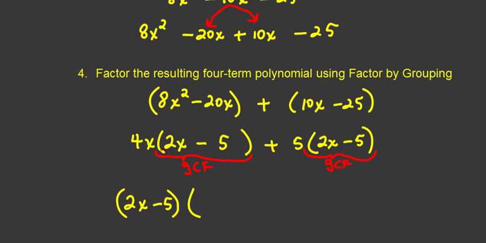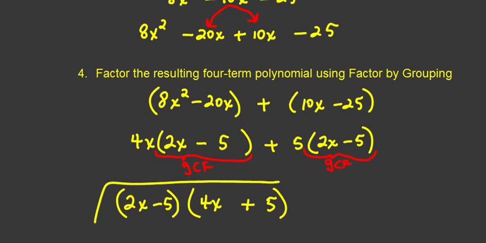times, now if we're going to divide out 2x minus 5, or factor out 2x minus 5 from this first term, we're going to be left with 4x, plus, bringing down this plus sign right here. And if we factor the 2x minus 5 from this second term, we're going to be left with the 5. So the result is 2x minus 5 times 4x plus 5.